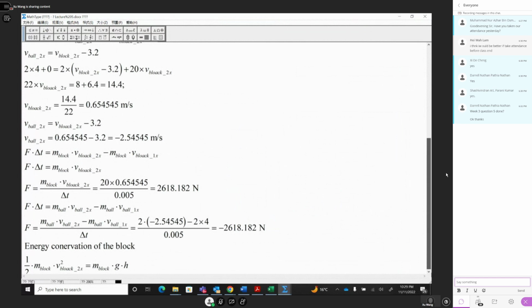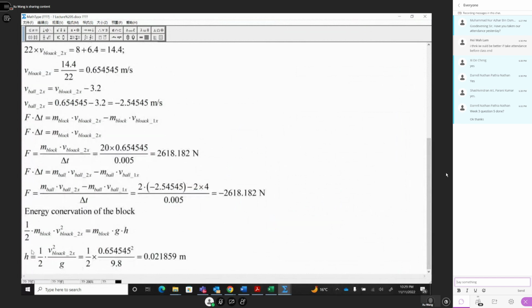Okay, and also if you get the energy after you impact the block, you get the velocity v2x, which is 0.6545 meters per second, and this creates kinetic energy of the block.